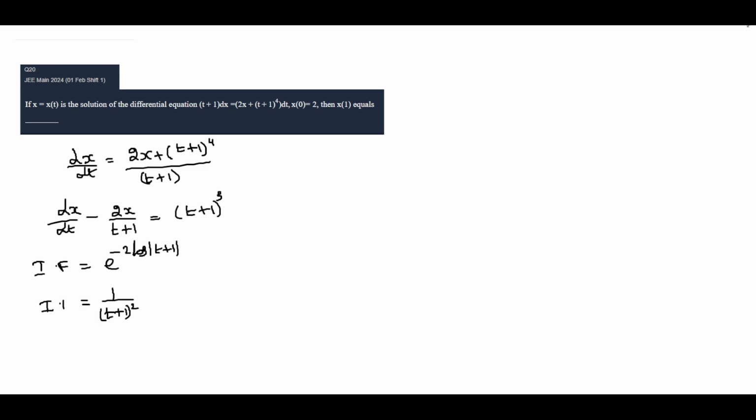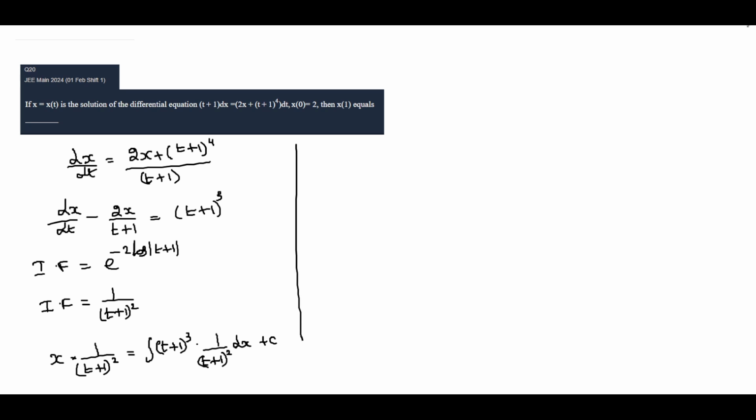This is the IF. Okay, so now x into 1 by (t plus 1) whole square is equal to the integral of (t plus 1) whole cube into 1 by (t plus 1) whole square dt plus c.